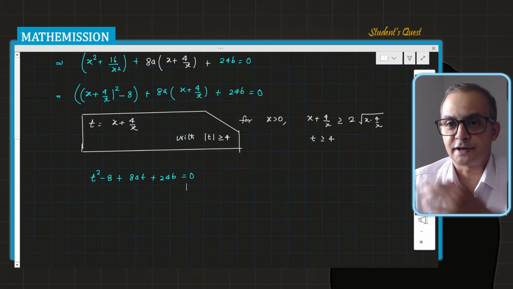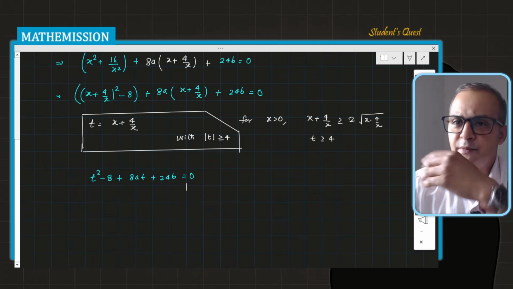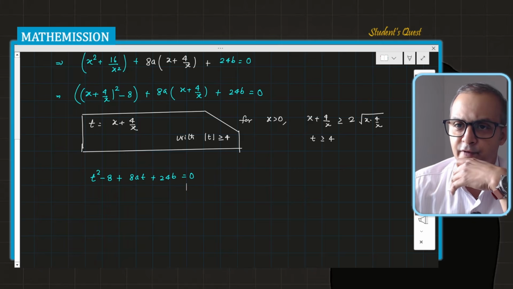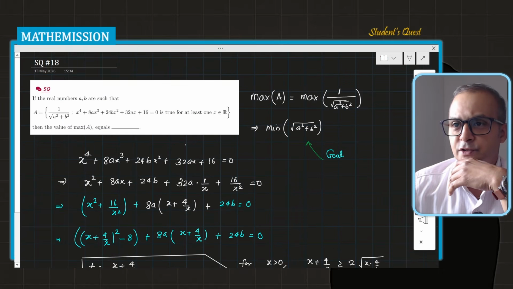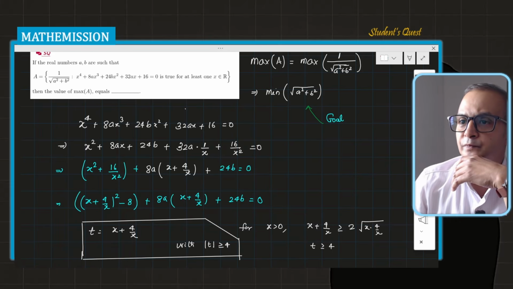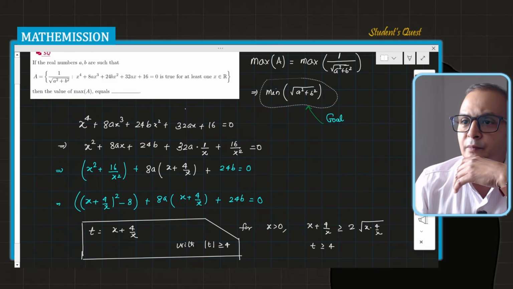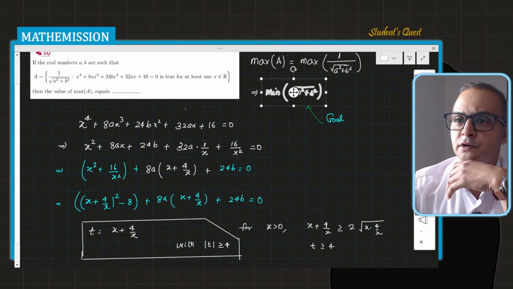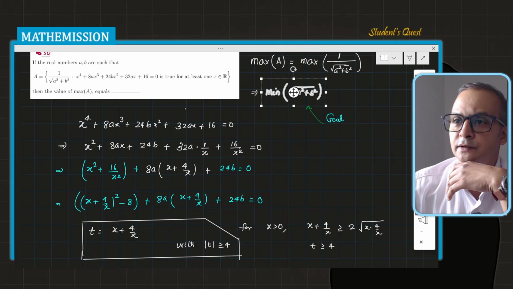Now the real fun starts from here. Up to here maybe many students have cracked it also. So what can we think from here? Let's try to understand the intention of finding the minimum of root over a squared plus b squared.